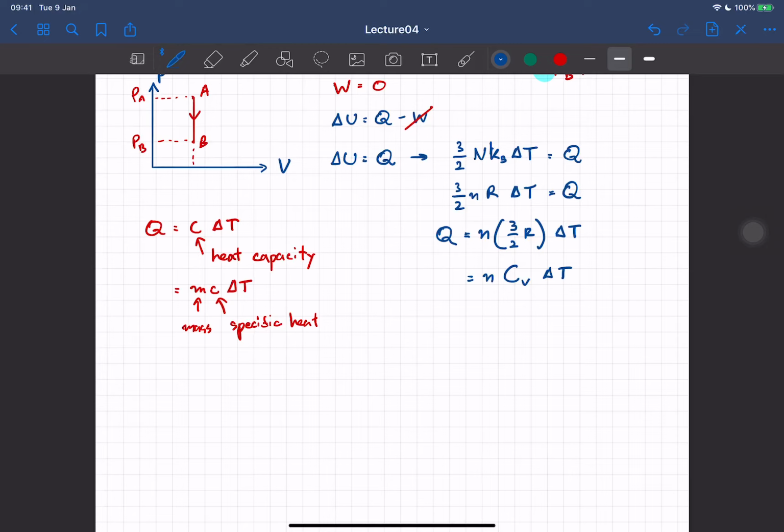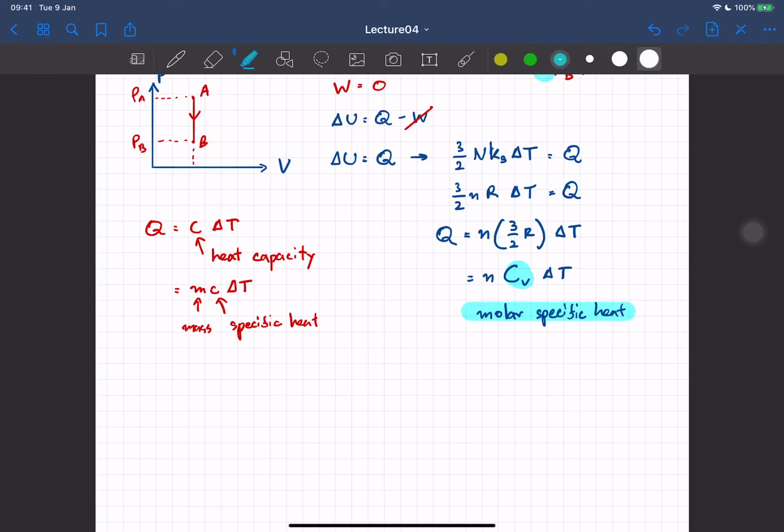So sometimes we're gonna write this in this way, n times C sub V times delta T, right? And then we're gonna call this C_V here the molar specific heat. It's actually just heat capacity per 1 mole. Okay, so molar specific heat.